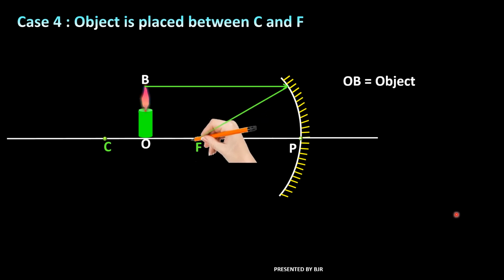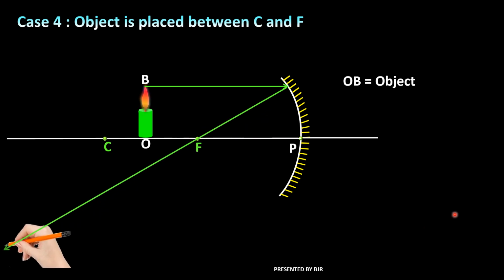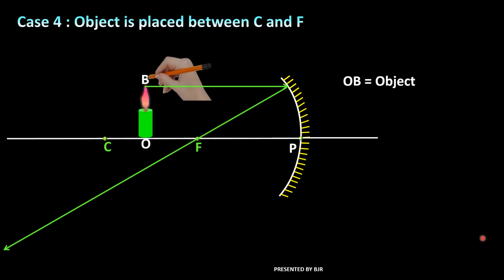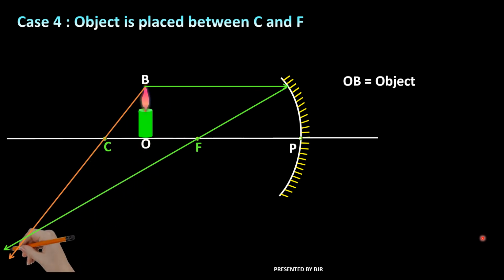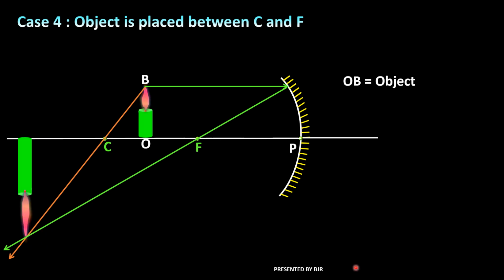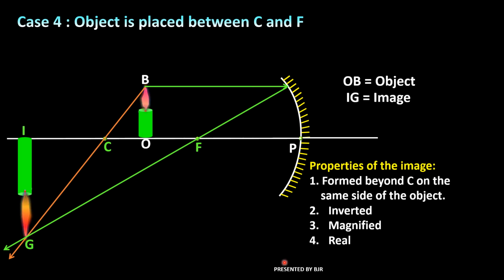Gets reflected and the reflected ray passes through the focal point. And let us draw the ray 2. This is the second reflected ray. And these two rays are crossing here, means image is formed at this point. So Ig is the image. So the properties, same properties.